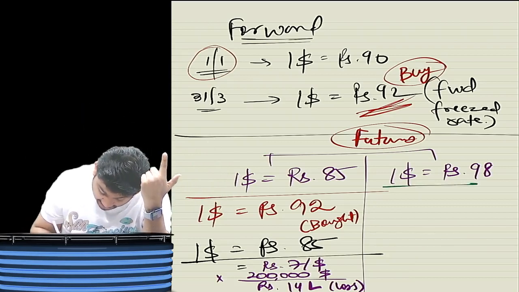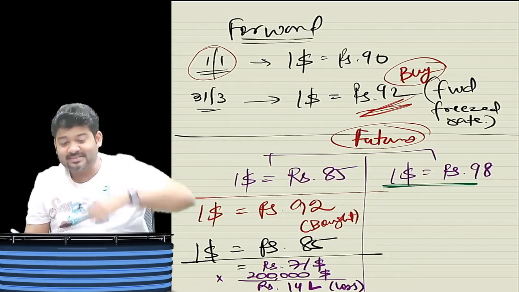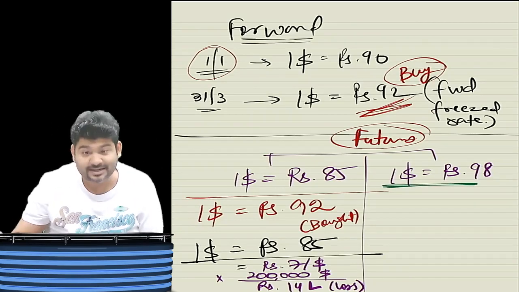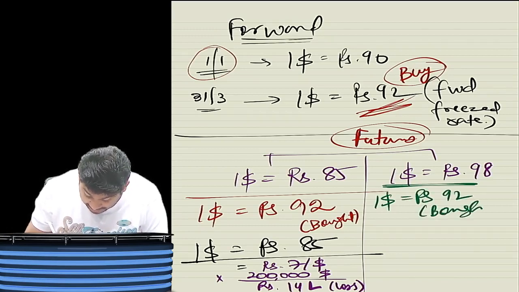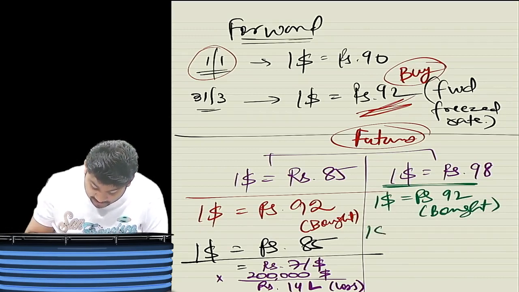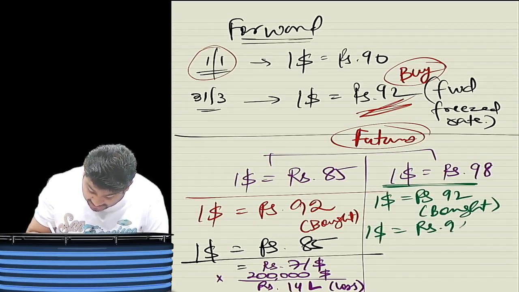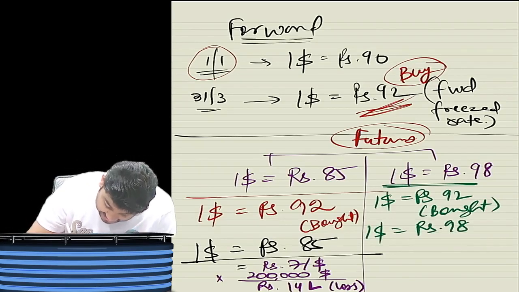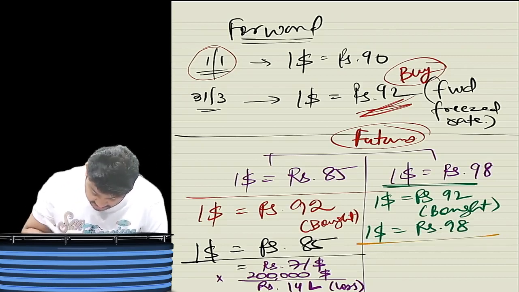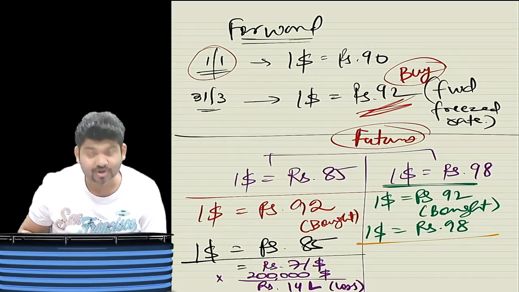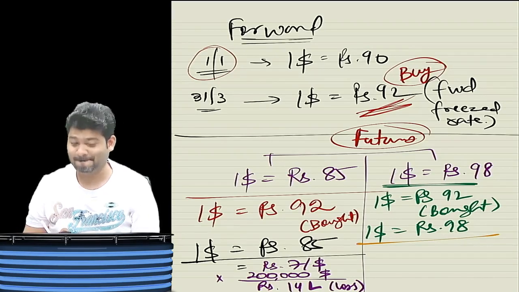Flip side. What if the dollar goes to rupees 98? Can it go to 98? Yes, sir. You had bought it at rupees 92. Now the dollar has become 98. I ask you a simple question: good news for you or bad news for you?